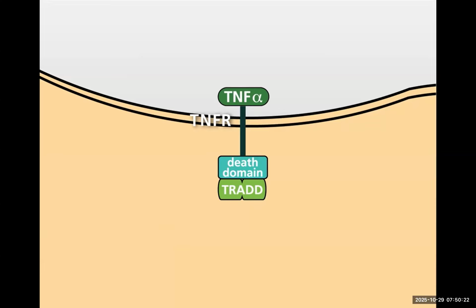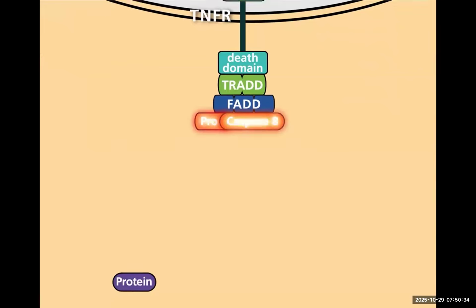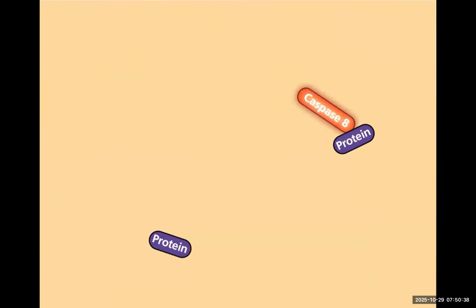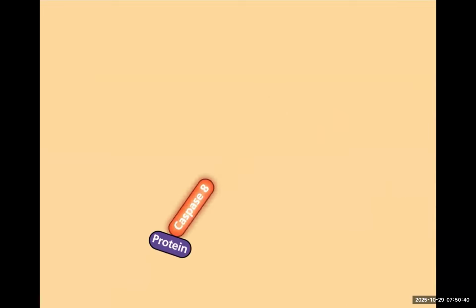Next, the protein Fas-associated protein with death domain binds, which recruits procaspase 8. This protease is able to autocatalyze the hydrolysis of its inhibiting segment, leading to active caspase 8, which disassociates from the receptor and is then able to initiate the caspase cascade.